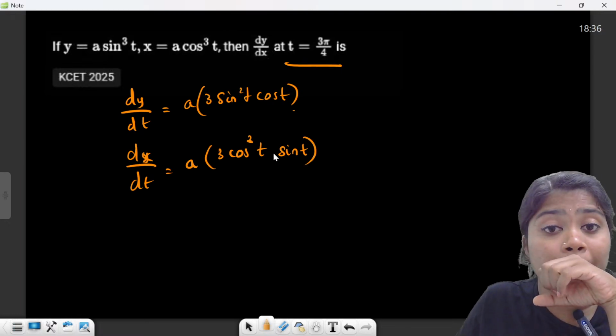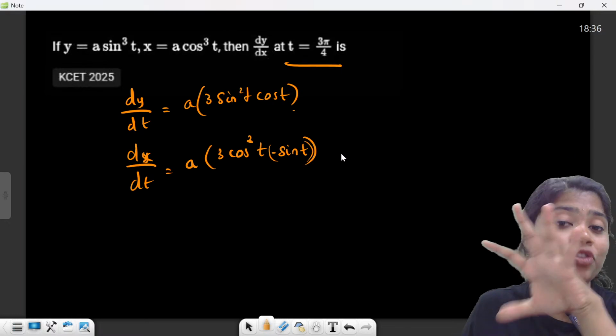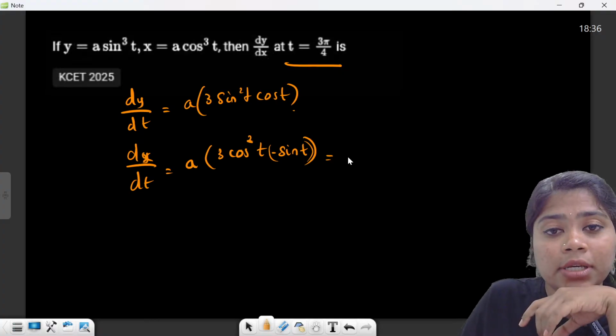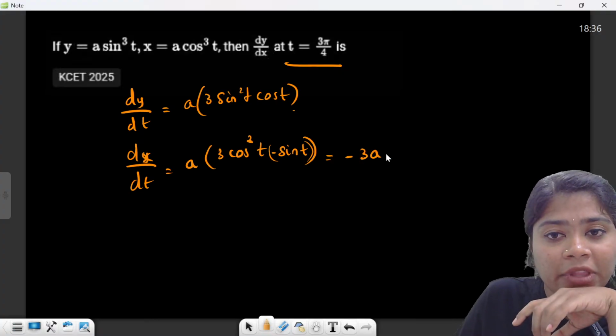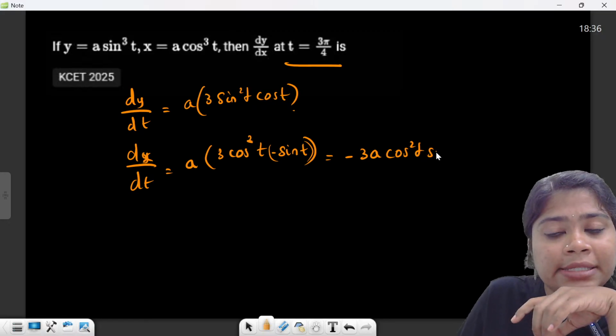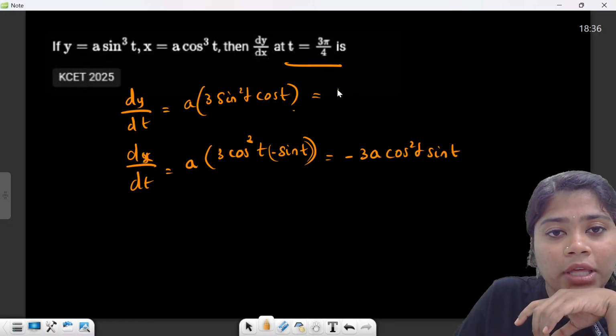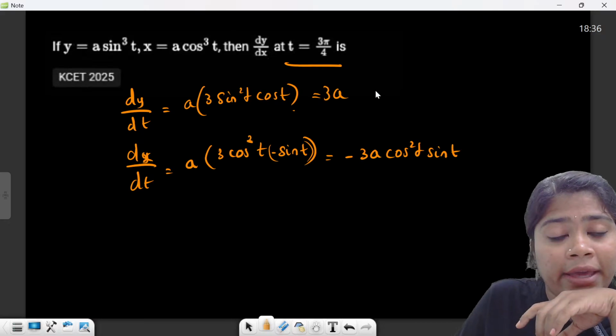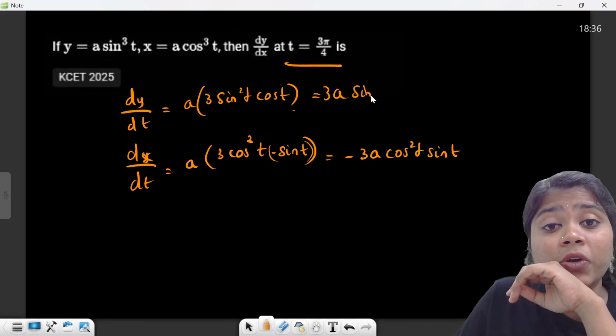Getting my point? Minus sin t. So you should not make a mistake here. So what is it? Minus 3a cos square t sin t. You can write dy by dt as 3a sin square t cos t.